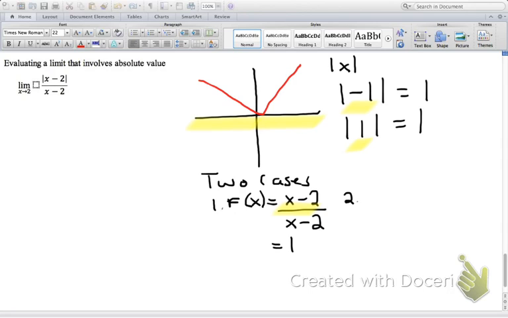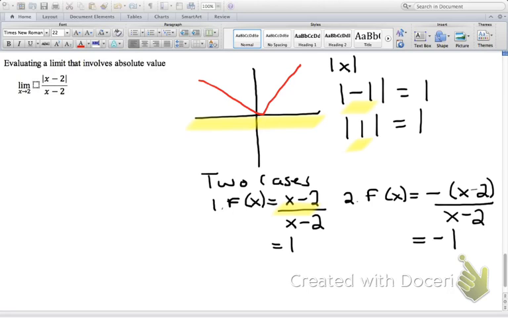Now in our second case, we would have that f of x is going to be negative x minus 2, all over x minus 2, giving us negative 1. Recall again, we see from our graph that we would have two different cases.